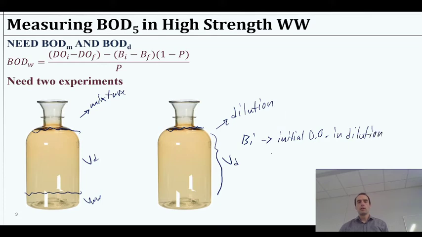And B final, BF, is B final. That would be the final DO in the dilution vial. Okay, so pretty straightforward. It's just a random use of B. I guess if we treat this as A, then this is B. Maybe it makes sense.